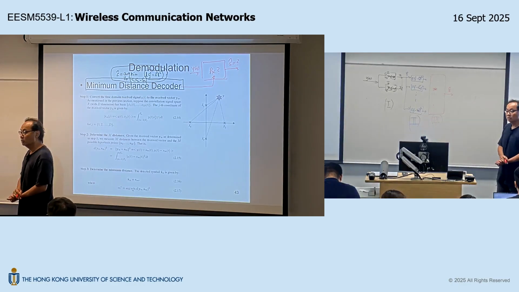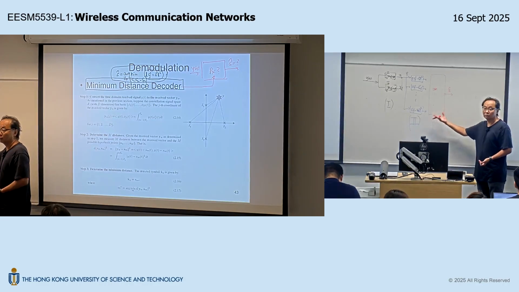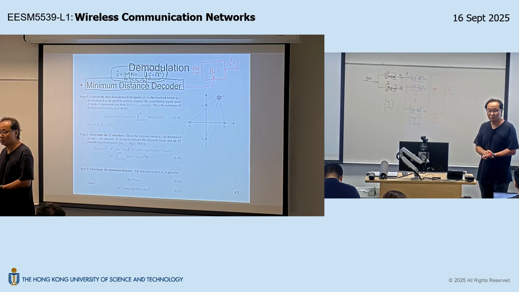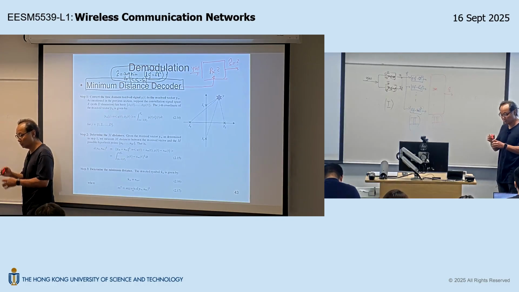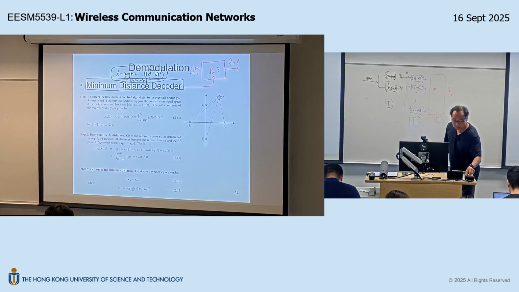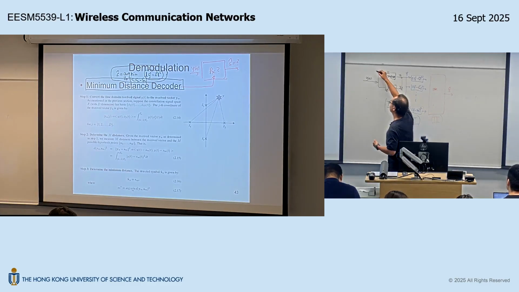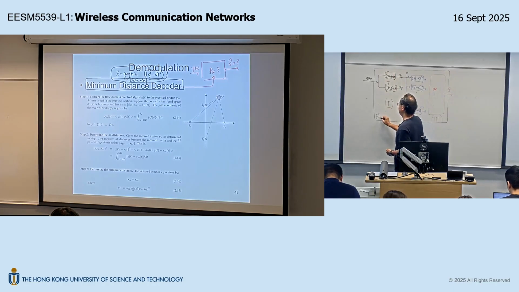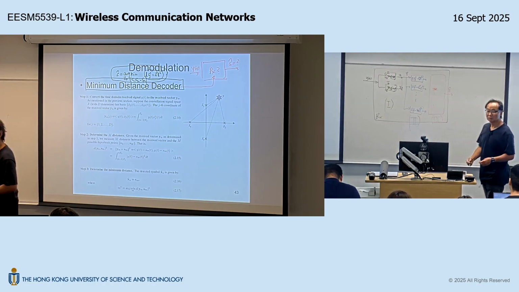Again, this would be very conveniently implemented on a DSP rather than in the analog domain. Okay? So these three stages would be one possible architecture design for my receiver. This is my receiver. Is that okay?